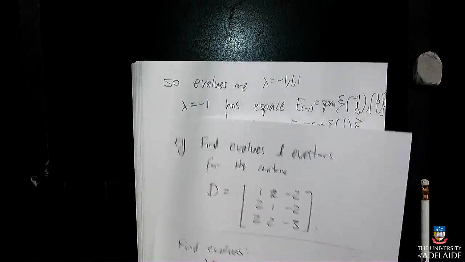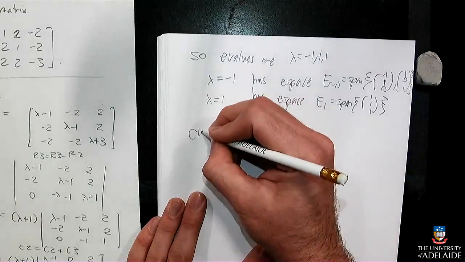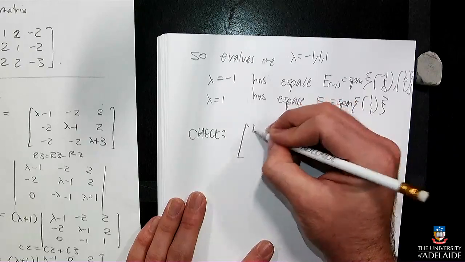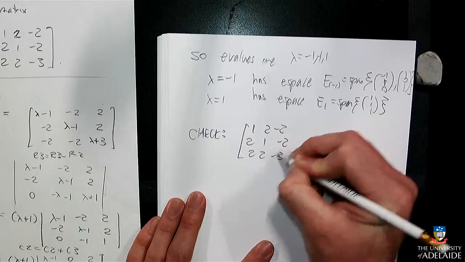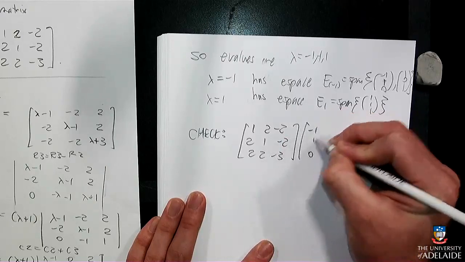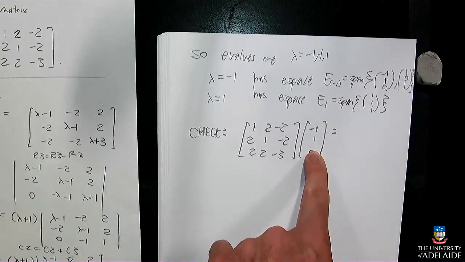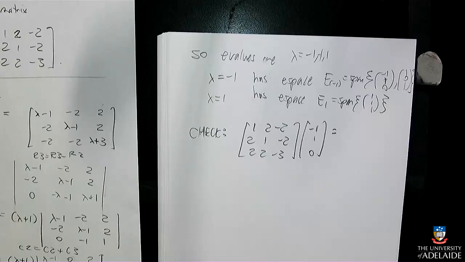All right. So I want to show you something. If you are in an exam and you have to do this, you should always do this last step just to be sure that you've done it right. If I go matrix times eigenvector, it should be the same as eigenvalue times eigenvector. So I'm just going to multiply it and see what happens.